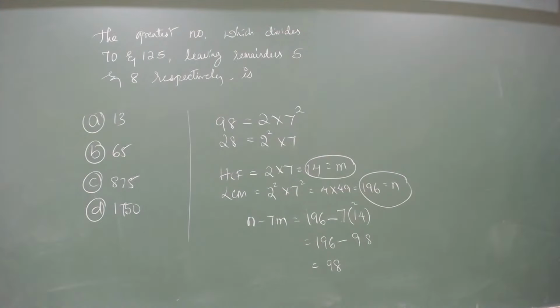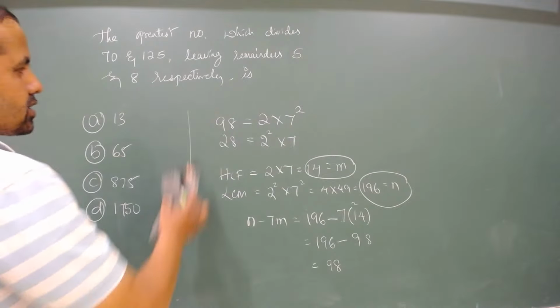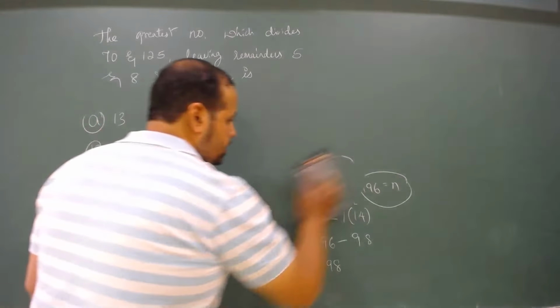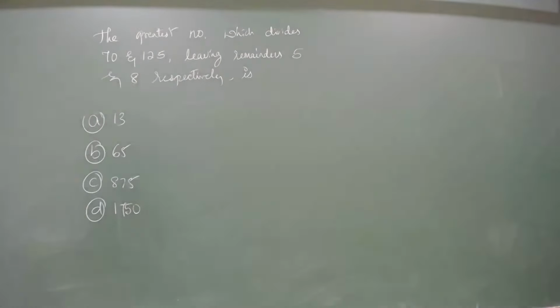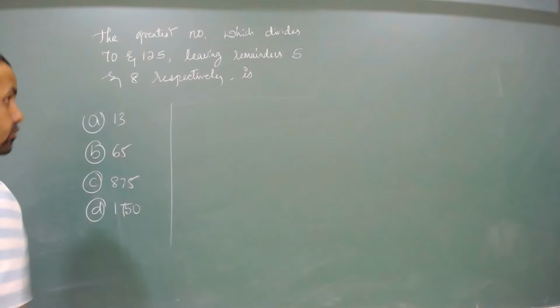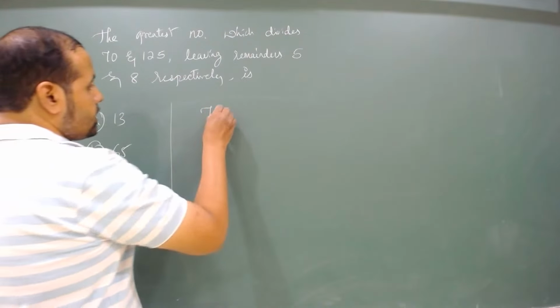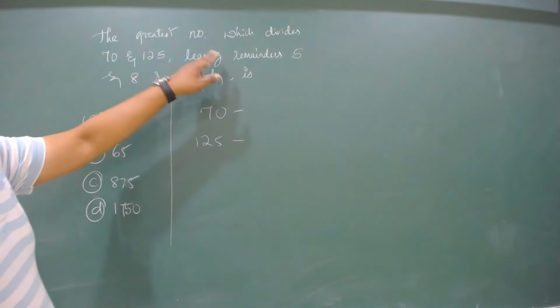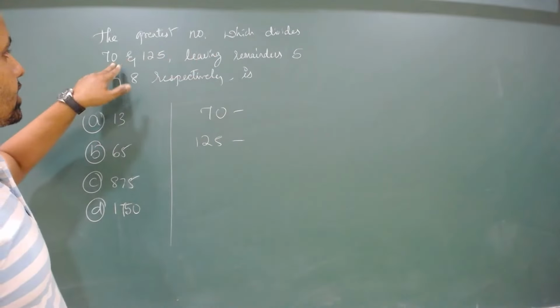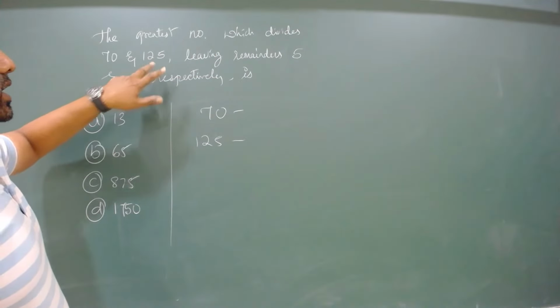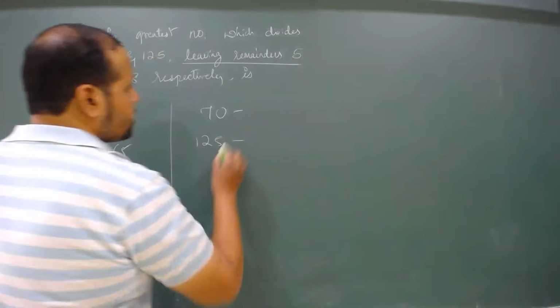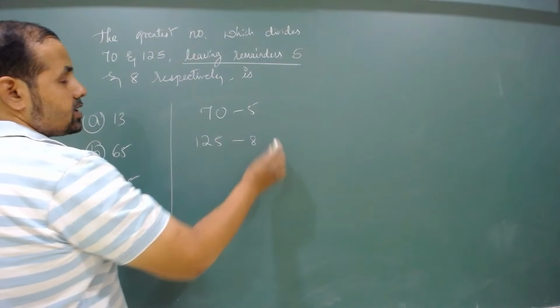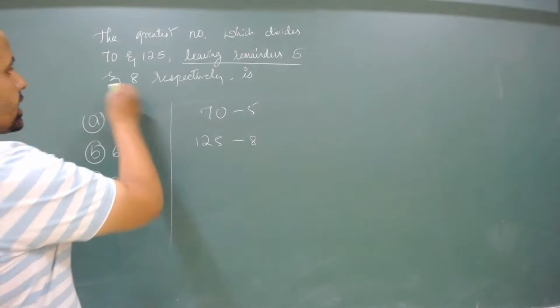Now, when you come across the words greatest number, it means that you have to find the HCF of the two numbers. HCF of 70 and 125, but after subtracting the remainders. The catch over here is that it's leaving remainder 5 in the first case and 8 in the next case.